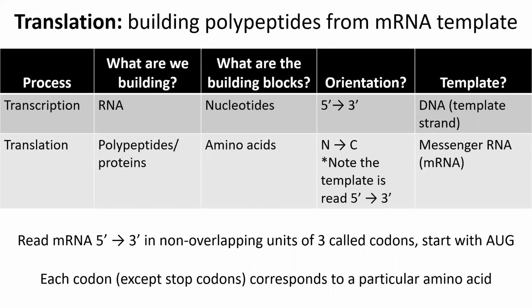Translation occurs in the ribosome, and we're building polypeptides, which, if you put enough of them together, make a protein. Our building blocks, again, are amino acids, because we're all focused on proteins. We're reading our template 5' to 3', but we're building from the N part of the chain to the C part of the chain.